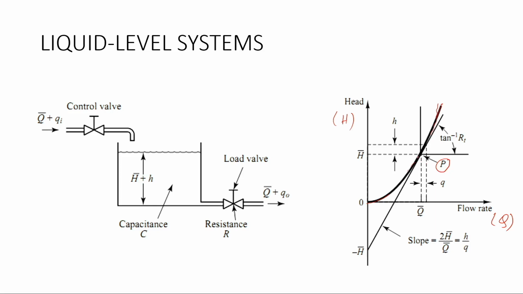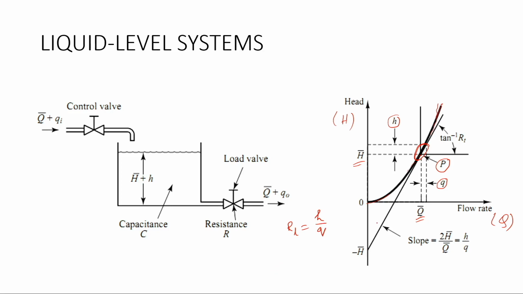You have to work in the close neighborhood of this operating point, that means there is some small variation of H with respect to Q. Then this laminar approximation is valid. That means R_L equal to H by Q.